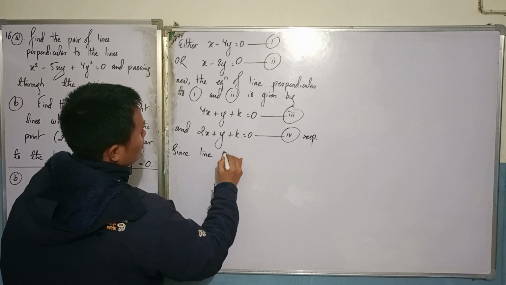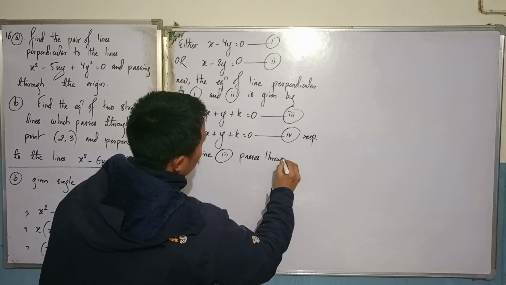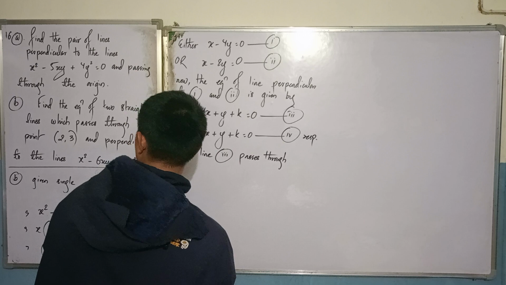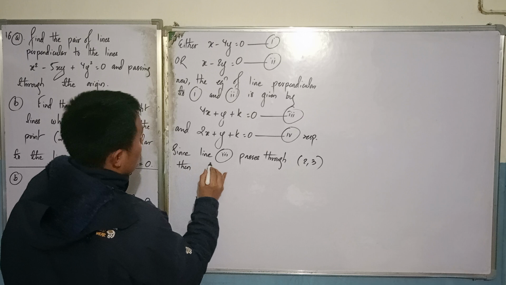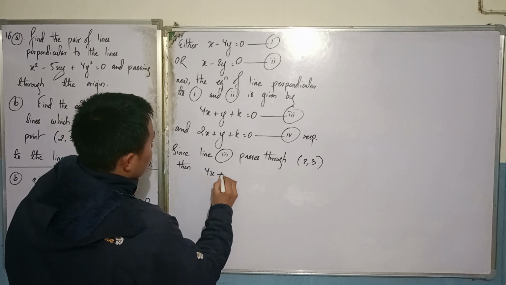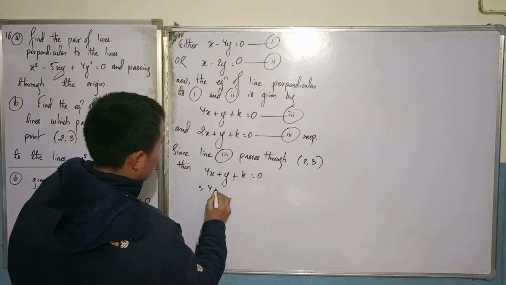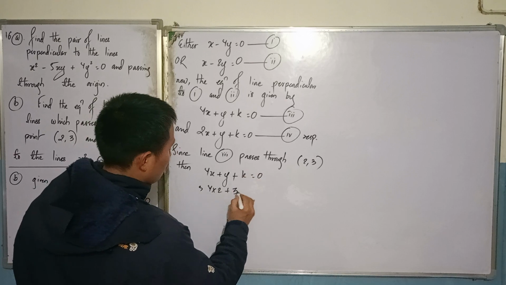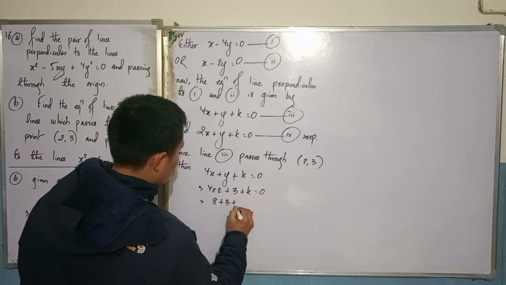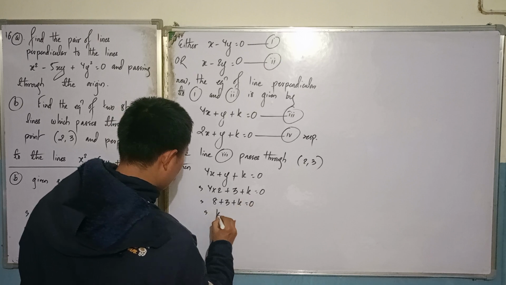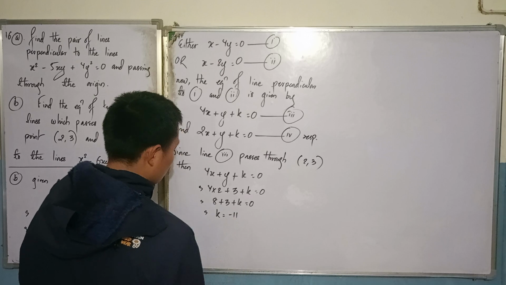Since line III passes through (2, 3), just replace x by 2 and y by 3 in 4x plus y plus k and you will get the value of k. 4 times 2 plus 3 plus k is equal to 0. 8 plus 3 plus k is equal to 0, or k is equal to minus 11.